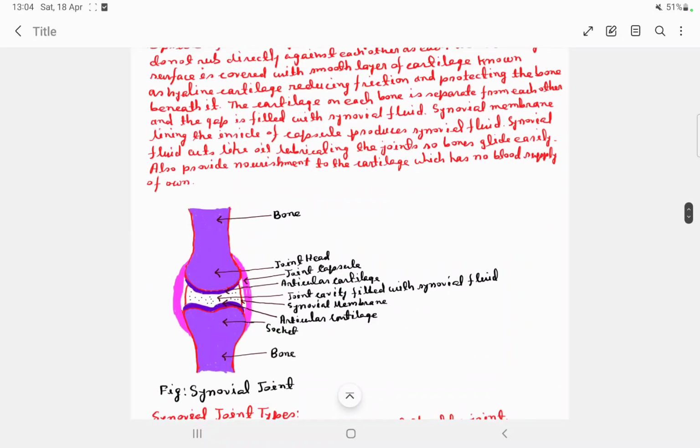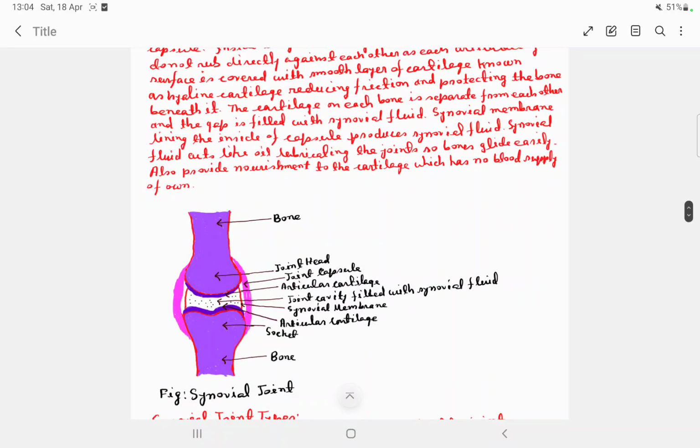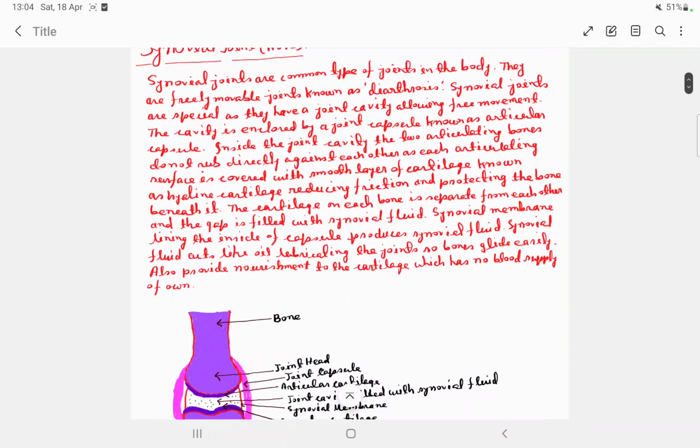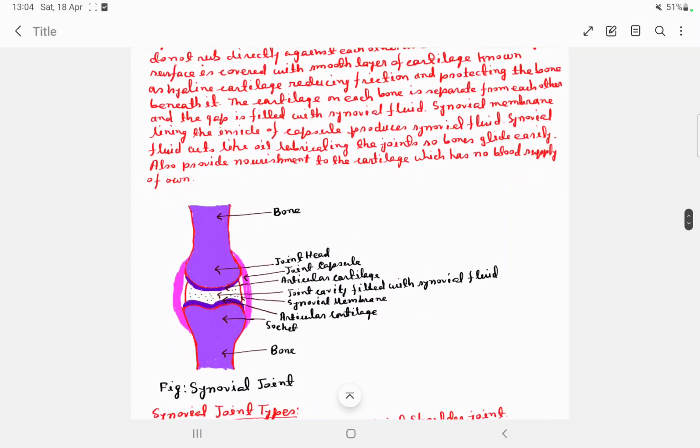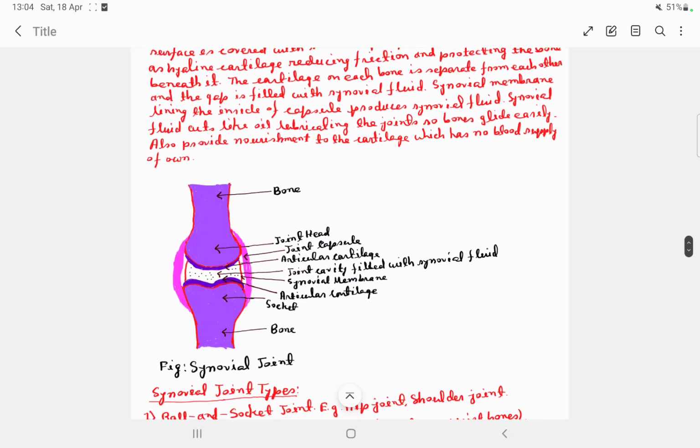So this is a diagram of a synovial joint. This is the bone, that is the joint head, and this is the socket, that is another bone.